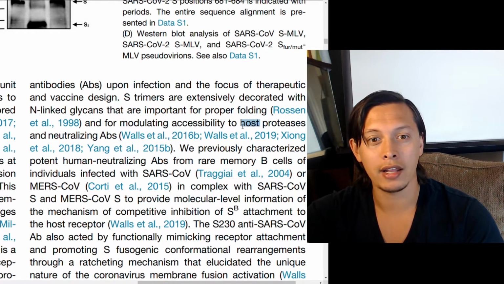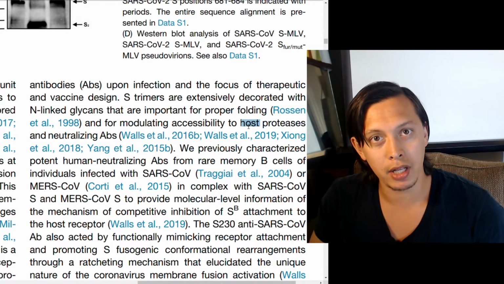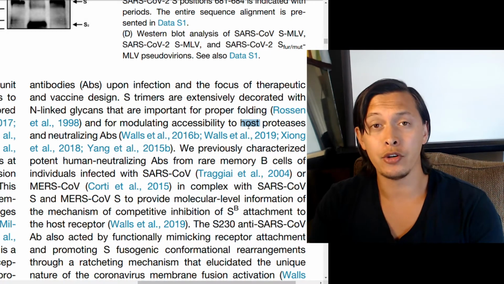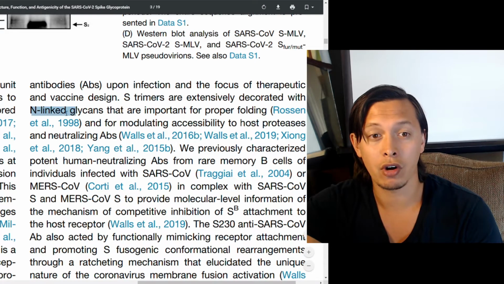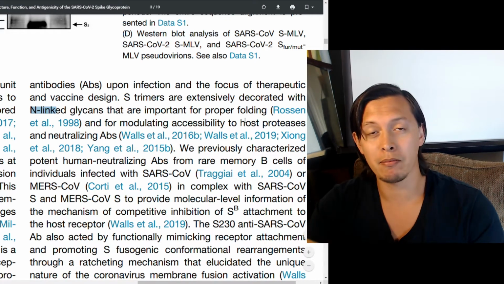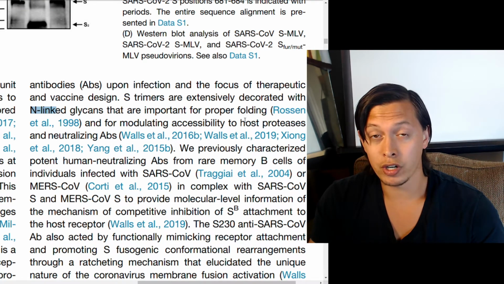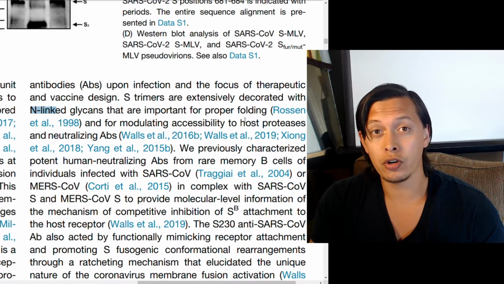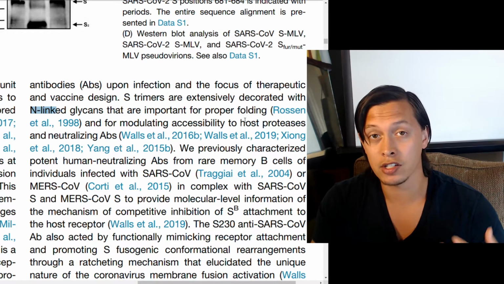So I like to think of this as think of people with ABO blood types. You can have A blood type, you can have B blood type, and you can have AB blood type. And I don't remember if it's N-linked or O-linked, but just keep in mind, if you are given the wrong type during a blood transfusion, your body can start attacking the red blood cells of the transfusion and can cause clotting throughout your entire body.